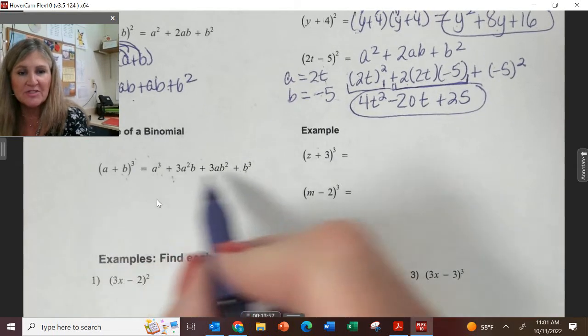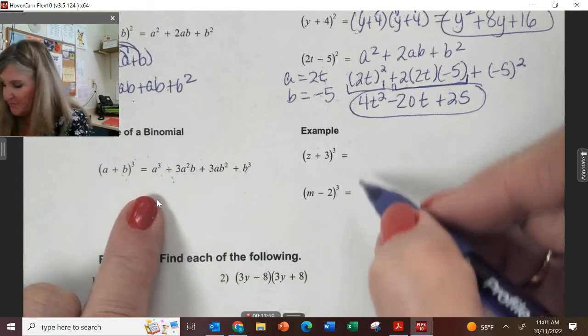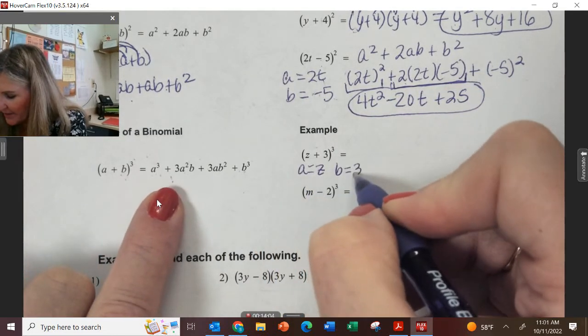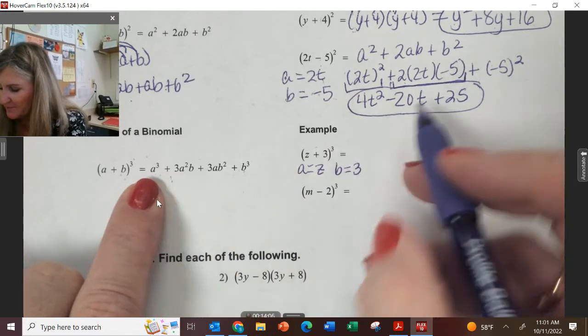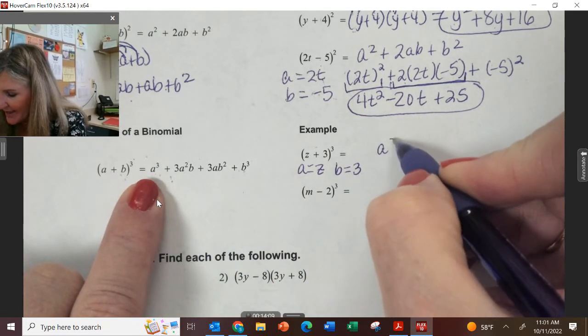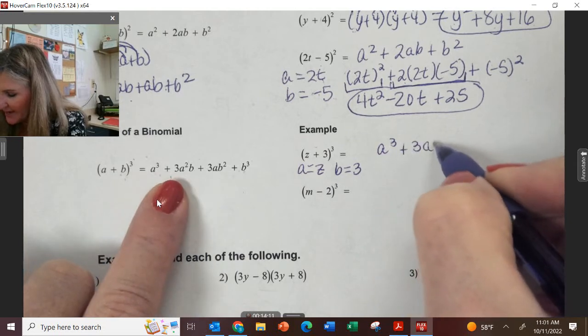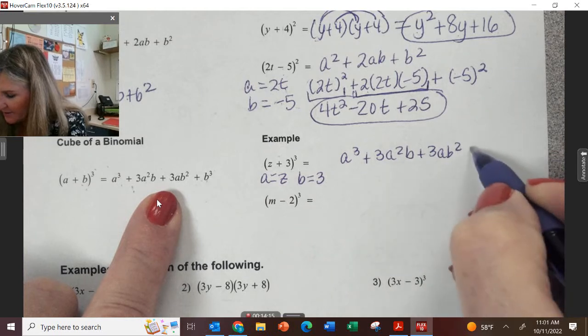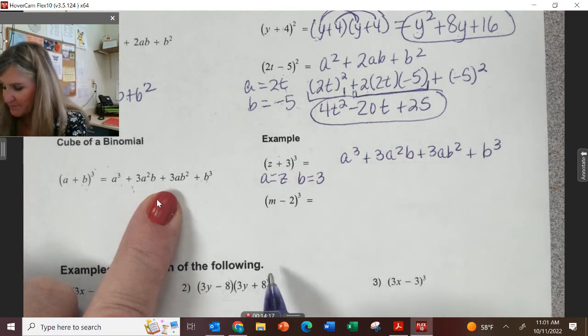So if I'm going to use this formula for this problem, a is going to be z, b is going to be 3, and I'm going to write down the formula. A cubed plus 3a squared b plus 3ab squared plus b cubed.